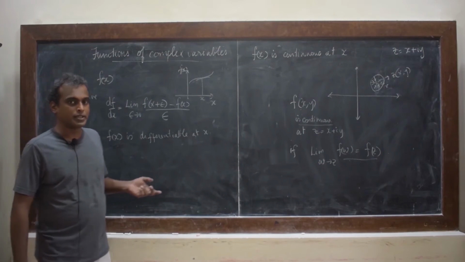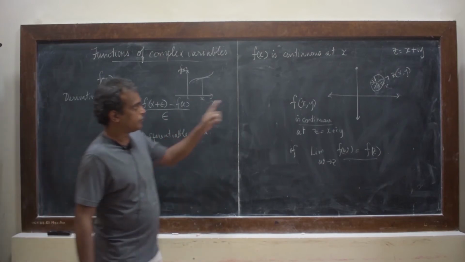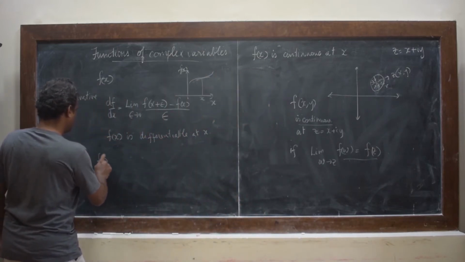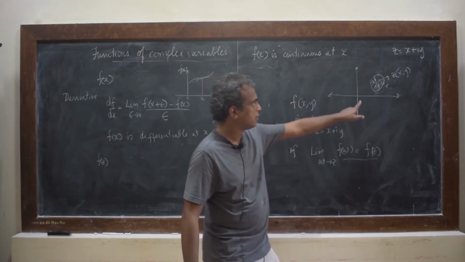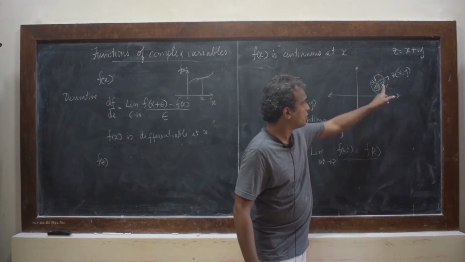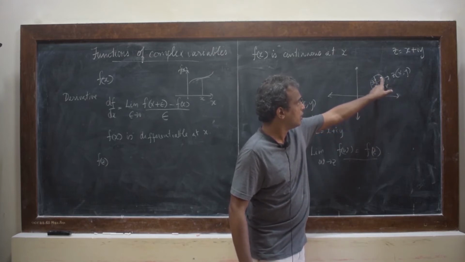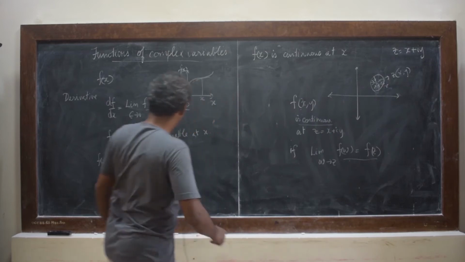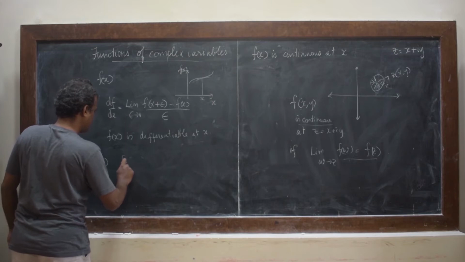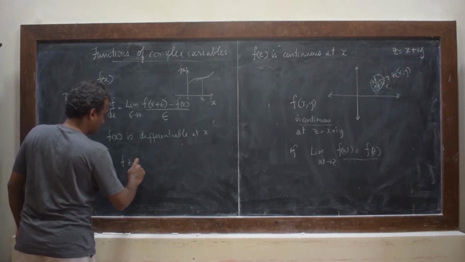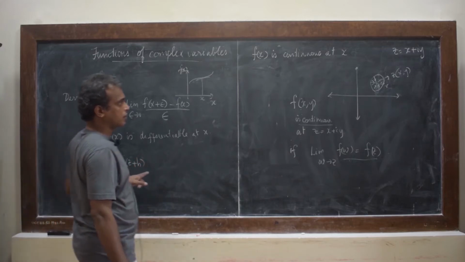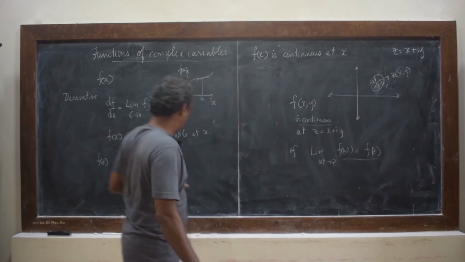To define what a derivative for a complex function at point z is, let us look at any arbitrary point in the close neighborhood of the point z, represented with z plus h.